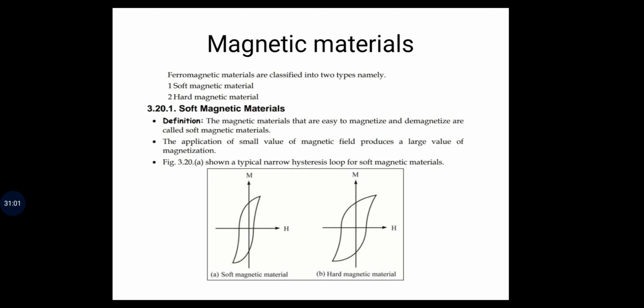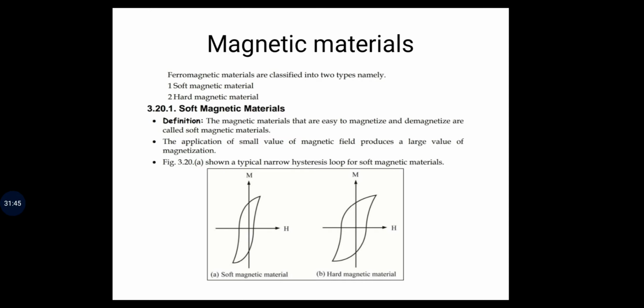And also here, ferromagnetic materials are divided into two types: soft magnetic materials and hard magnetic materials. Soft magnetic materials are defined as the magnetic materials that are easy to magnetize and demagnetize.